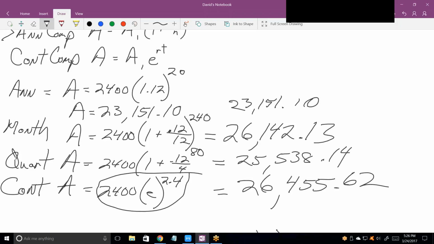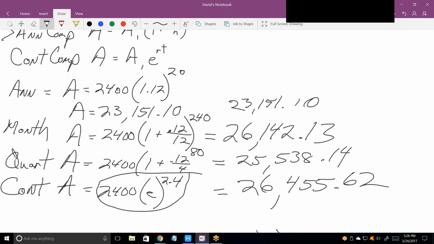Or the bank across the street may say, well, I'm going to pay them the same rate of interest, only I'm going to compound it monthly. That's a lot better for the consumer. But nothing in nature works on an annual, monthly, or quarterly basis. Everything in nature actually works on a continuous basis.